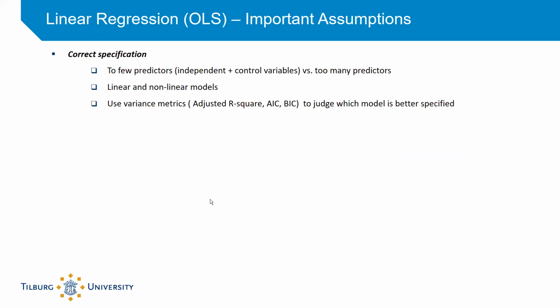The first important assumption is that when you're building a regression model, your specification is correct. That means you have the predictors necessary to predict the model, and you do not have unnecessary predictors as well.